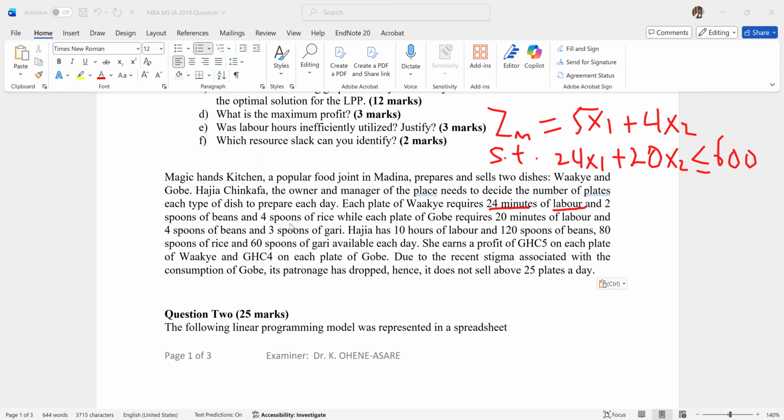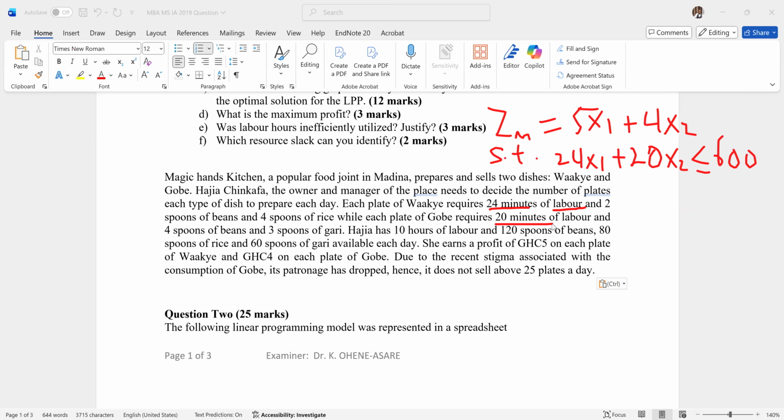The next sentence was about beans and then rice, but that's all for Wache. When it comes to the Gobe, it spoke about 20 units of labor. So when you look at the labor portion, there is minute attached to it, and that creates a labor constraint. That is how we are able to know the labor constraint.